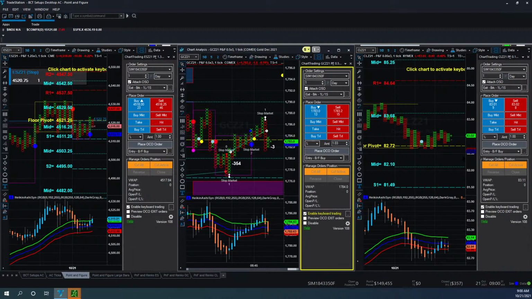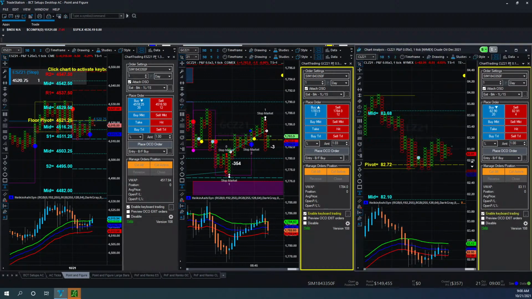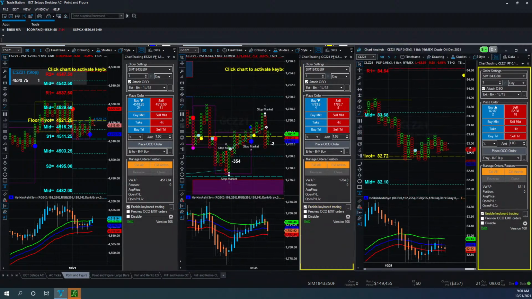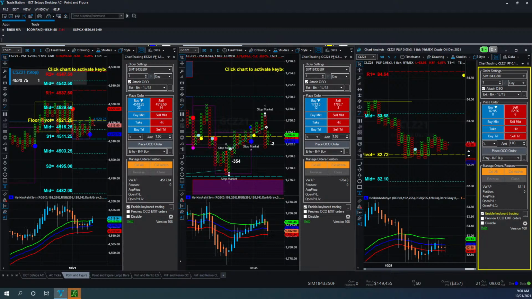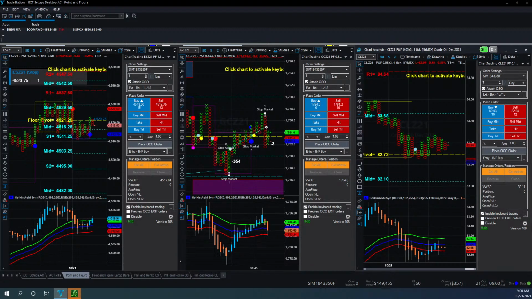Crude moving higher out of the open. 82.90. In the chop zone.